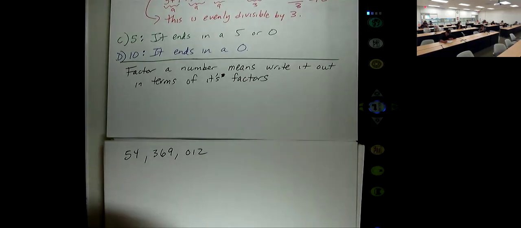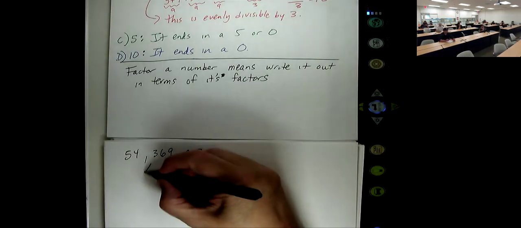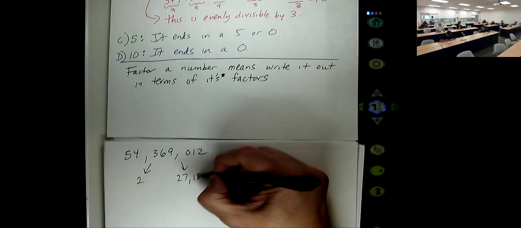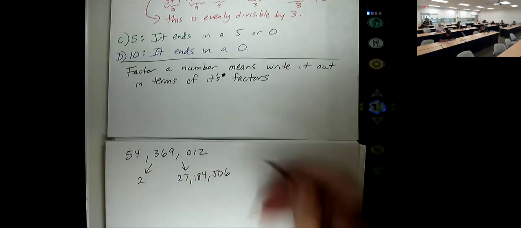I'm going to keep dividing by 2 until I can't divide by 2 anymore. So 54,369,000,012 divided by 2, I can write this as 2 and 27,184,506.